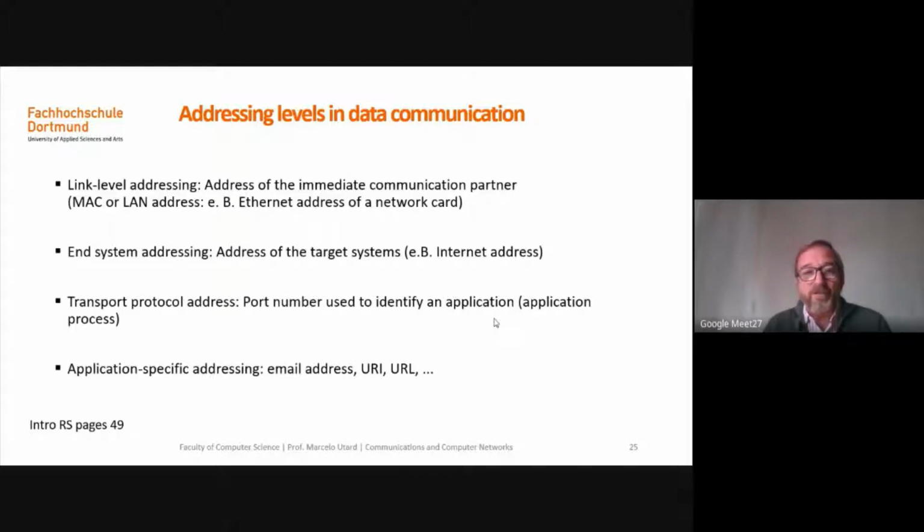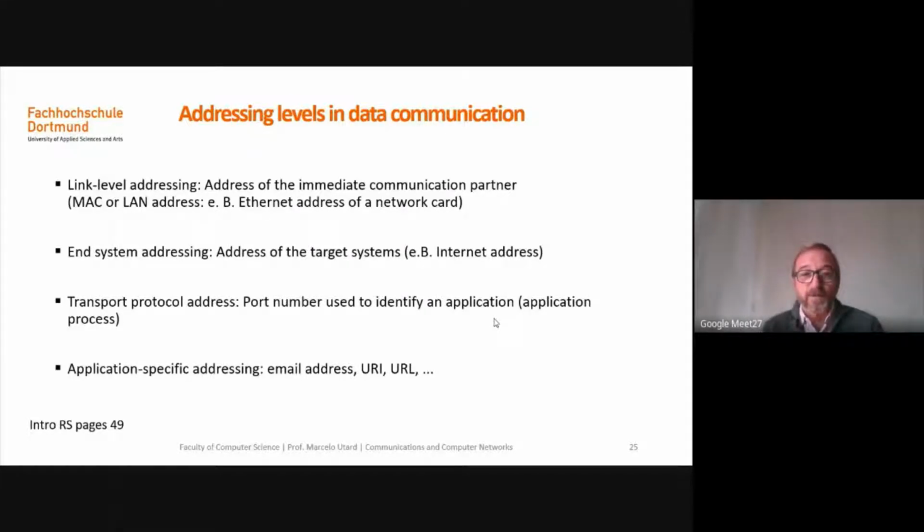Above the link level, we have other addressing that corresponds to the network addressing level. For instance, in the TCP/IP networks, the internet address.